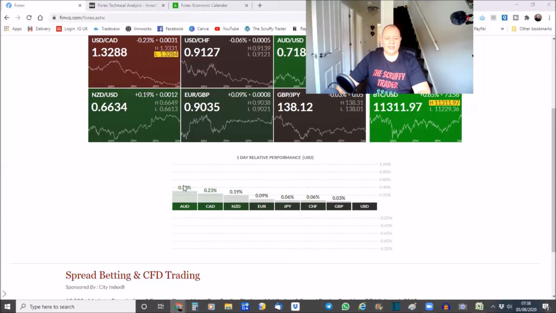So you can see that the Australian is strong and the US is weak, and that's what all the scale is telling you. But they're all on the up, because there isn't any of them in the red. These go from bright red to bright green.